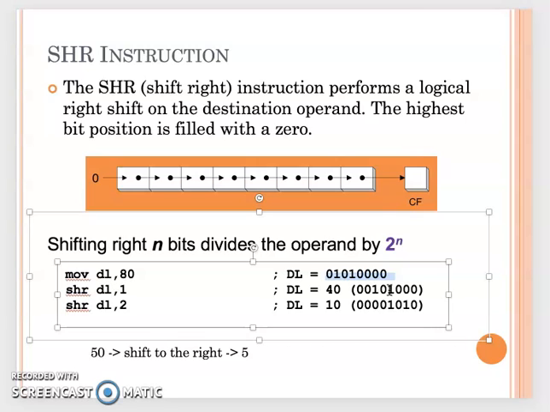So 8 plus 32 becomes 40. So you see 80 becomes 40. When you shift to the right, it becomes divide by 2. Then you shift to the right again for 2 bits. We can guess 40 will be divided by 2 to the 2nd power, so it becomes 10. We prove this: if we shift 2 bits to the right, it becomes 1010, with the front filled out with 0. So that's 10.